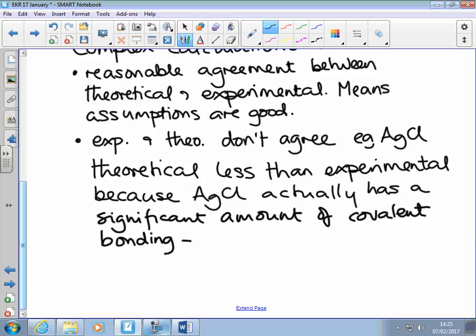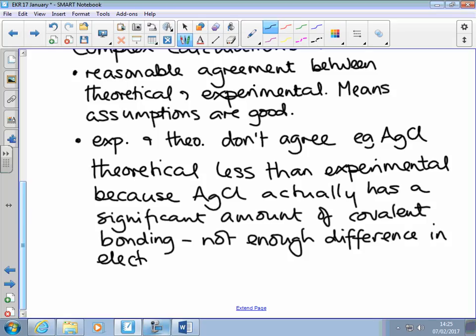And the reason for that is not enough difference in electronegativities for complete transfer of an electron.